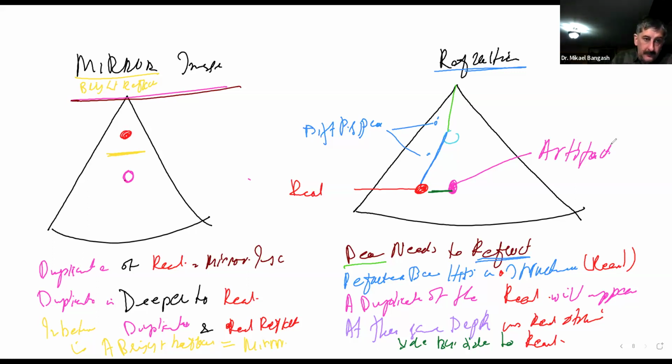Had the beam not been refracted, we'd see it travel straight down here. But since it refracted, it hits a structure over here, and a copy of it will be shown here. So this becomes your artifact.